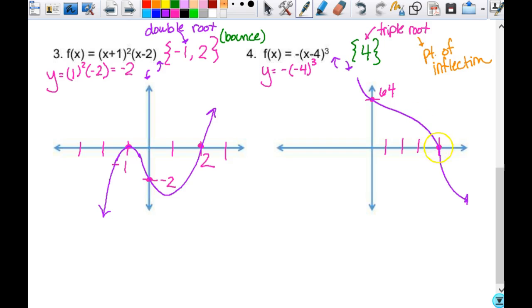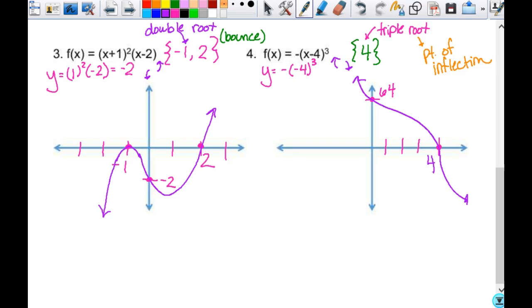So I was concave down, now I'm concave up. And I didn't label that this is 4. That's important, so do that too. Everybody good? So all these same things that we identified before we graphed it, we're going to have to identify from the graph so that we can write our equation.